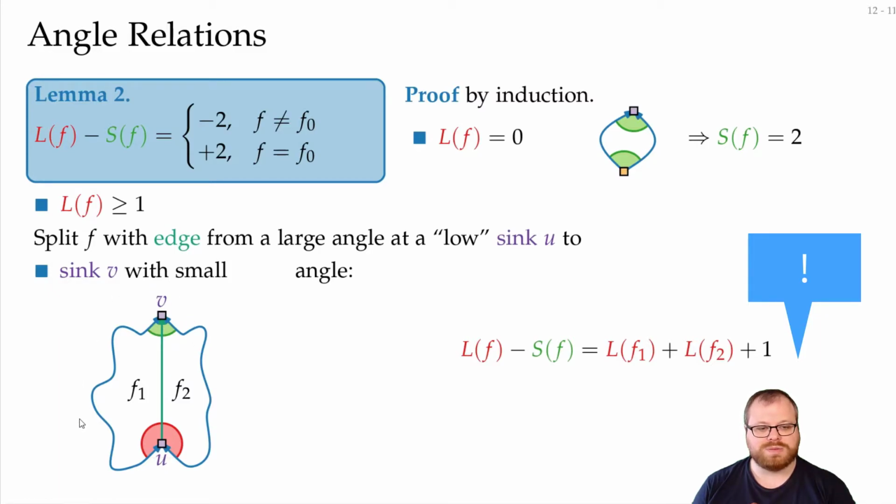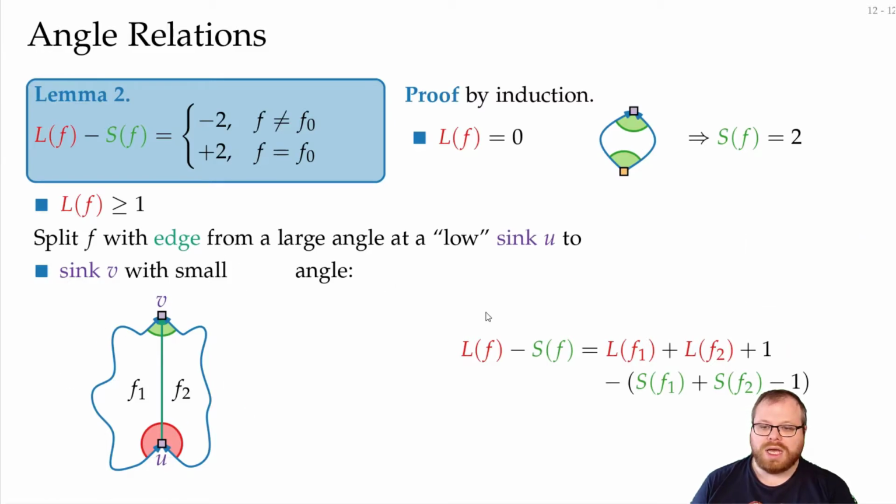So the number of small angles in f1 and f2 is 1 larger than for our face f. And by induction, now this one here is a minus 2, and this one here is a minus 2. Now we add 1, we have here minus 1, so we add another 1, and then we get minus 2. So for this case it works out nicely.